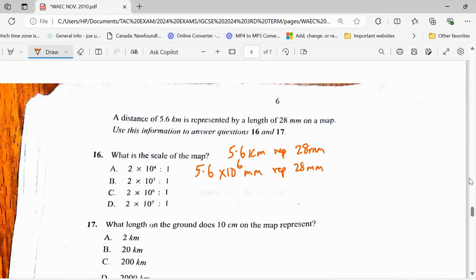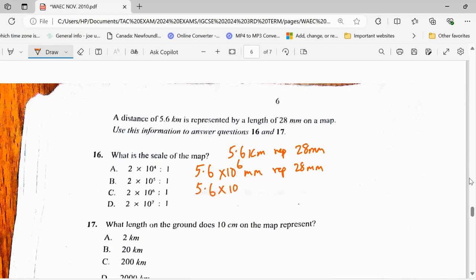Now, I need to get 1 here. So I'm going to do something. I can close up this. This is 5.6 is the same thing as 56. If I do something, I want to close this decimal.